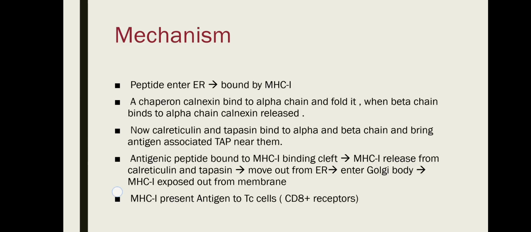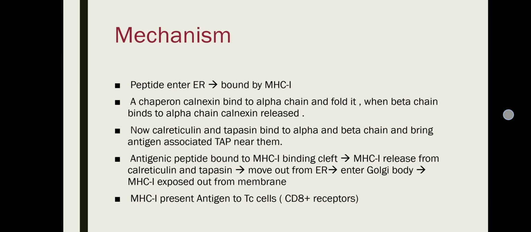The peptide is attracted by the calreticulin and tapasin proteins, and it binds to the MHC-I binding cleft. Now the antigenic peptide is bound to the MHC-I binding cleft, and MHC-I is released from calreticulin and tapasin and moves out of the ER and enters the Golgi body.